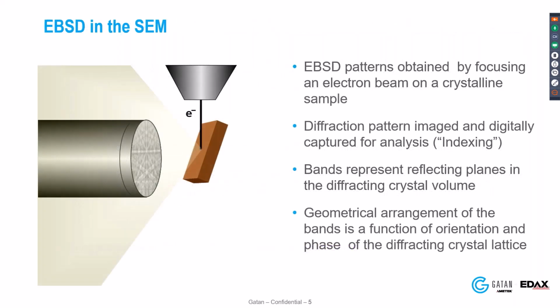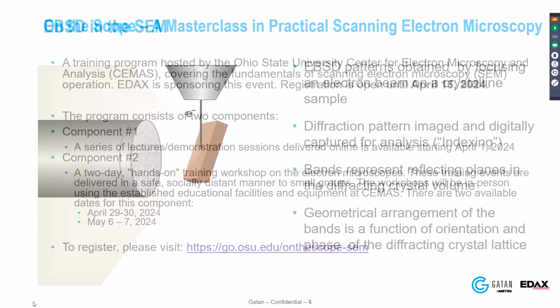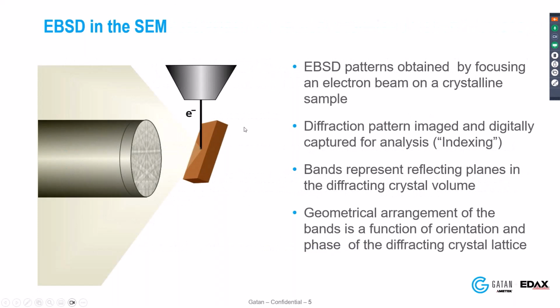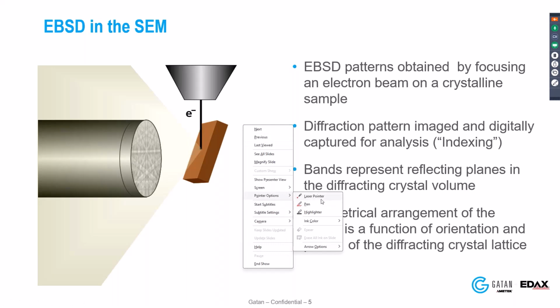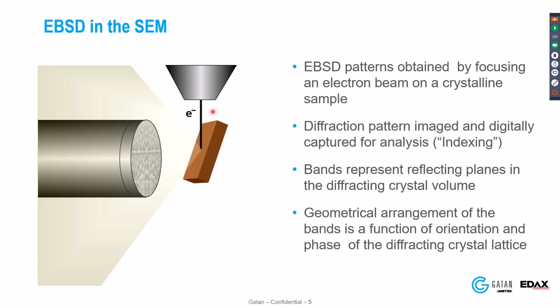So EBSD, if you're not familiar with this technique, is a SEM-based characterization technique to look at the crystal orientation and phase of materials. This is a little schematic of an EBSD detector. You can see we tilt the sample around 70 degrees.